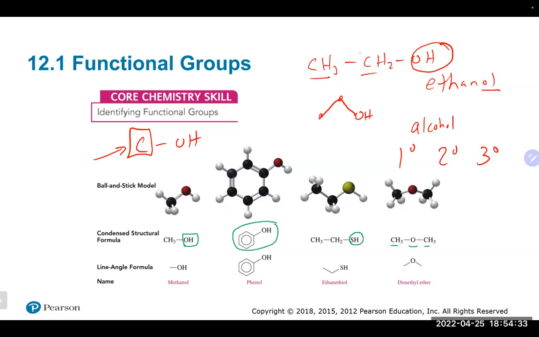That means here, if we look at this one here, which I drew, which is ethanol, that is the carbon that has the OH group attached. How many carbons are attached to this guy? Just 1. Yeah, so there's just 1 attached to it. This is a primary alcohol. Again, the carbon that has the OH group attached, how many carbons are attached to it, that would give you your answer there.